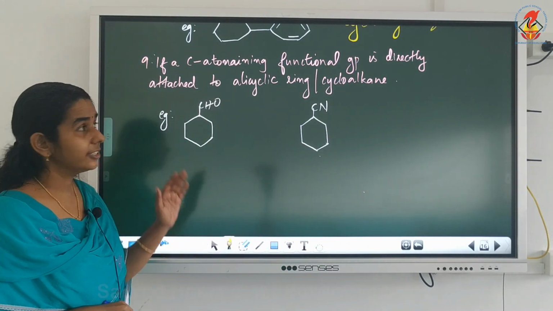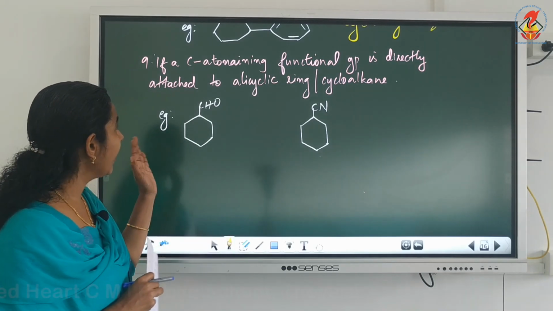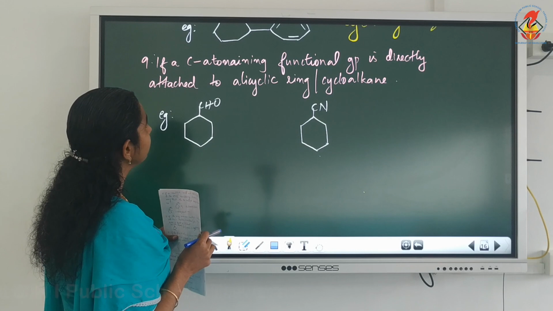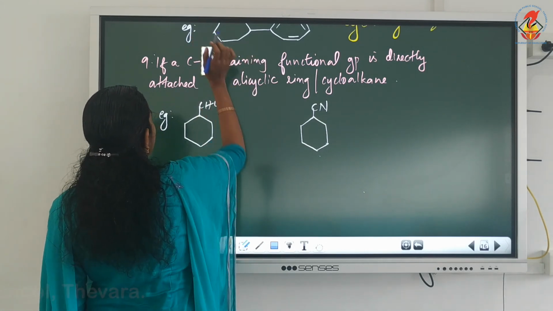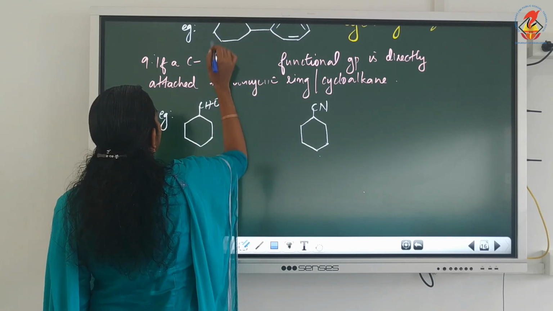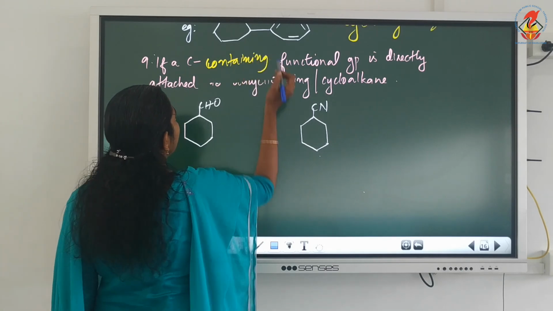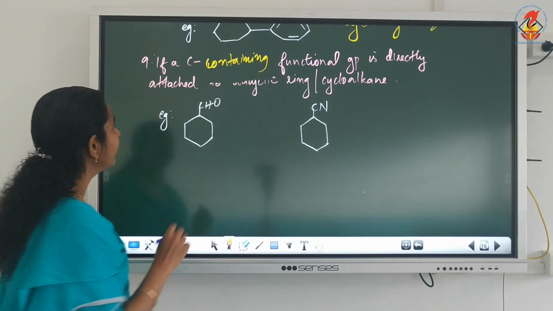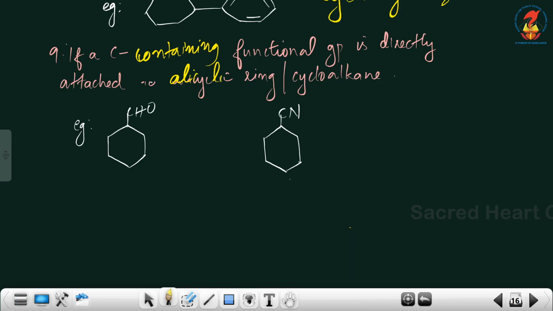And in the last rule, if a carbon containing functional group is directly attached to an alicyclic ring or cycloalkane, how should we name it?